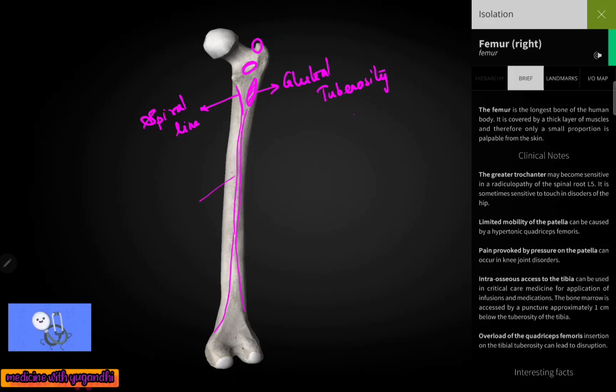This is the medial lip of linea aspera, and this is the lateral lip of the linea aspera. So these are all the important landmarks that we must know in the femur to know about the origin and insertion of the vasti muscles.